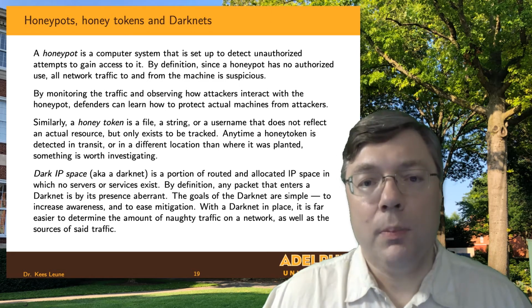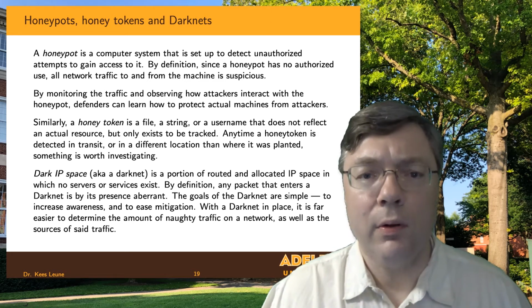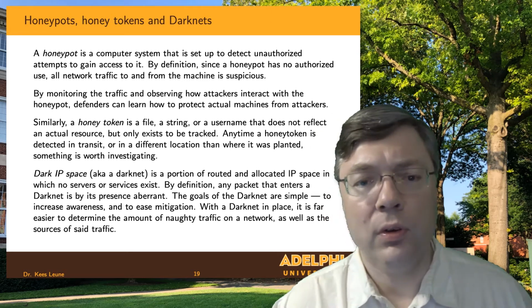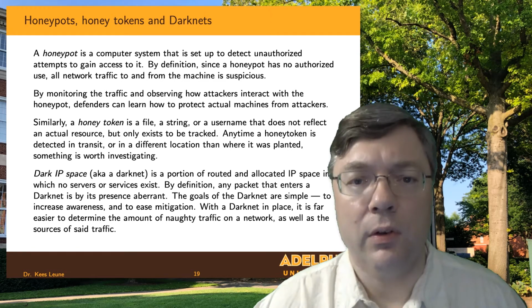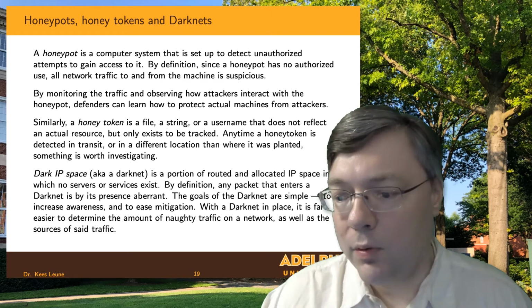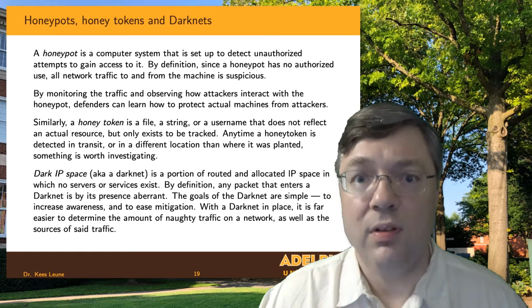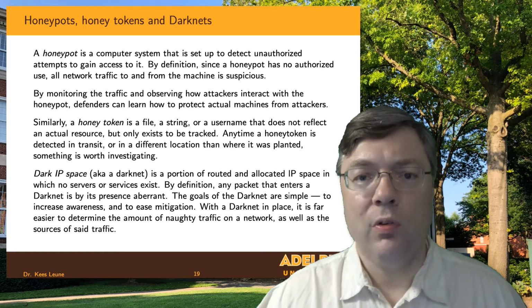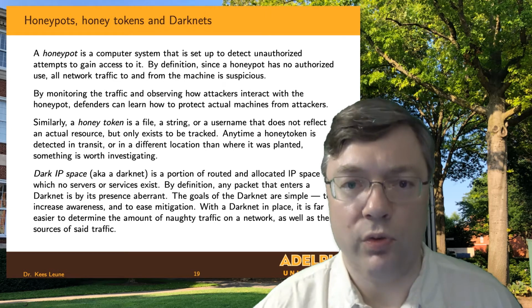The last thing I want to talk about is some more passive controls in the network. Now, we know about intrusion detection and intrusion prevention systems. We know about firewalls, but those mostly are looking for signatures. The idea behind honeypots, honeytokens, darknets, or deception technology, however you want to call it today, is that I'm going to assign sections of my network to not be used, for example.